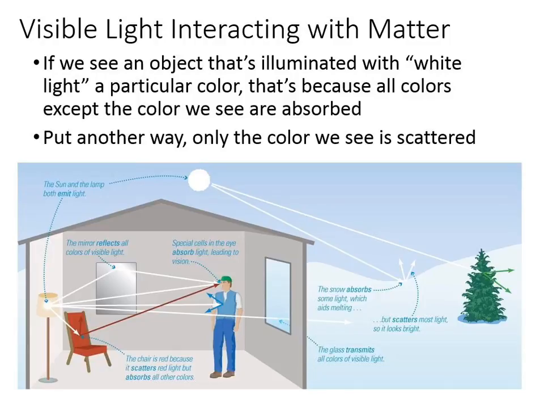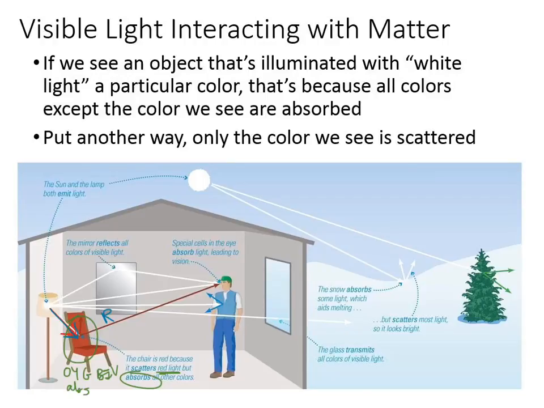The slide says red is reflected, thank you. So white light hits it, and it scatters red light, and that means everything else is absorbed. So that's ROY G BIV minus red being absorbed.